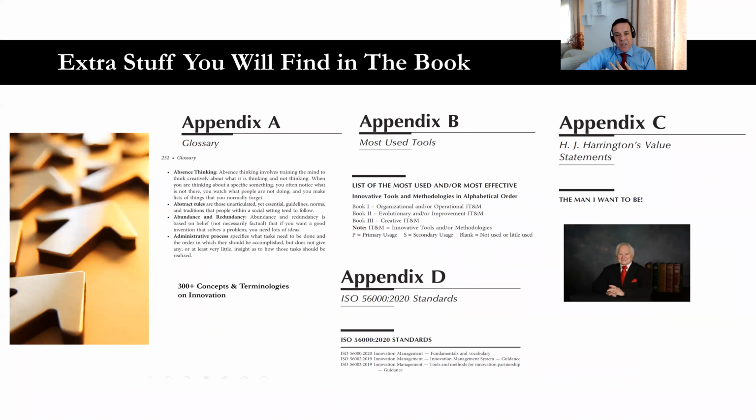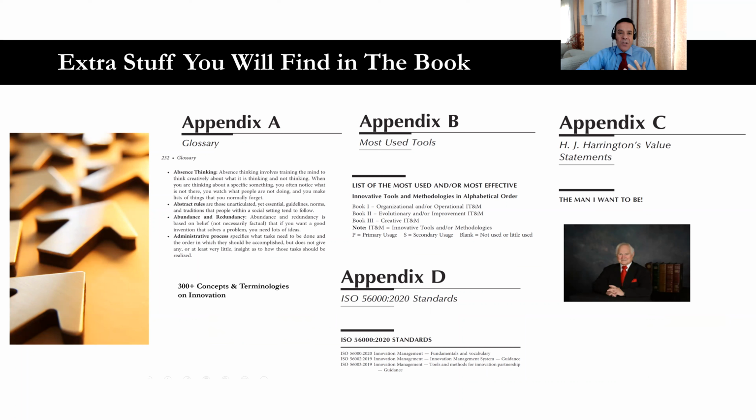You will find, for instance, a glossary that has more than 300 concepts and terminology that relate to innovation. This is courtesy of Jim, who put this together based on his own experience and previous publications, and he wanted you as a reader to benefit from that.